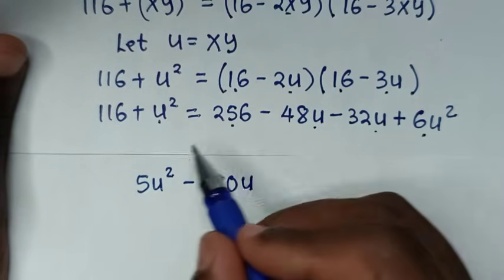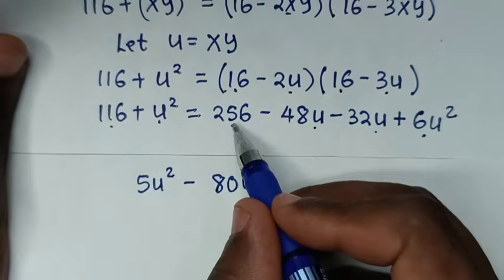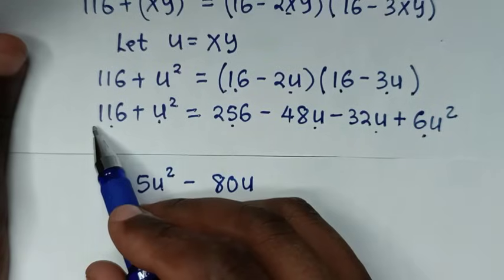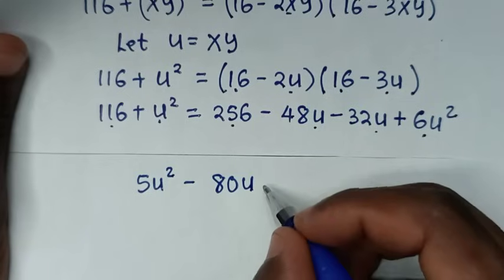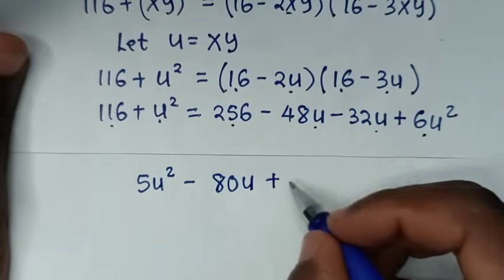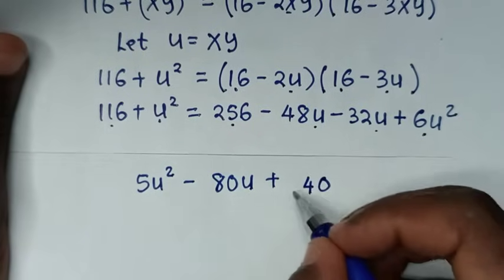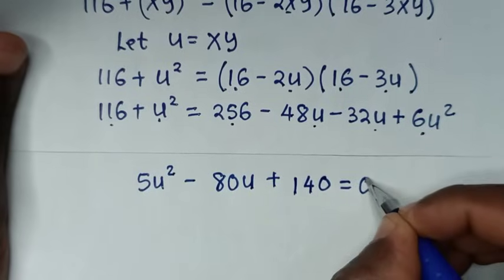Then from this constant, we take this to this side, so 256 minus 16, it will be plus 240, is equal to 0.